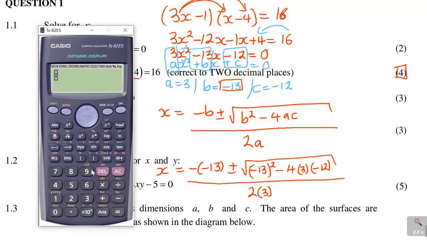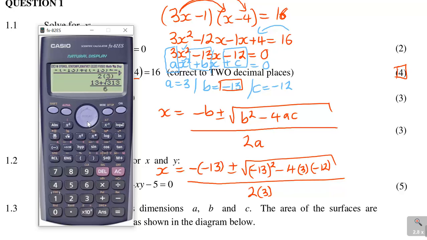I have minus bracket minus 13, plus square root of bracket negative 13 squared minus 4 bracket 3 bracket negative 12, and I go down to bracket 3.